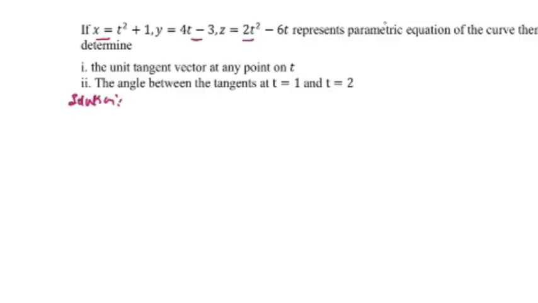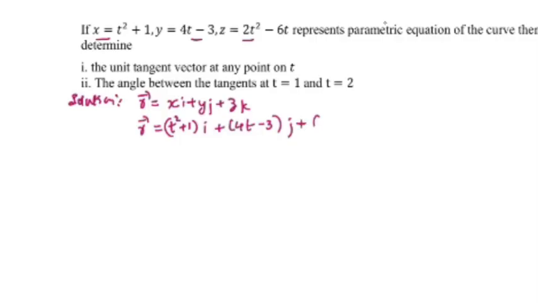So solution here, we know that r vector equals xi plus yj plus zk. Now let me substitute the values of x, y and z in the equation. So we get r vector equals (t square plus 1)i plus (4t minus 3)j plus (2t square minus 6t)k.